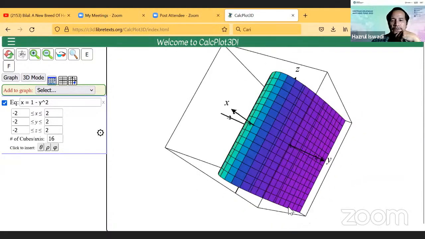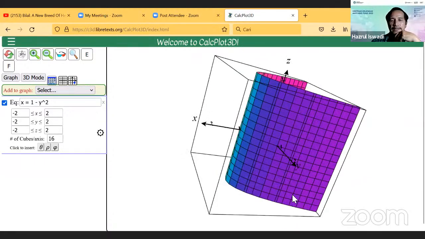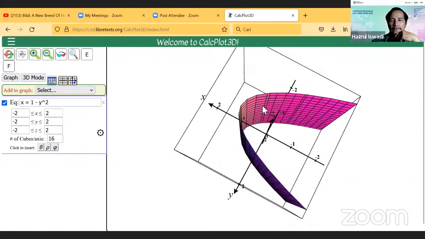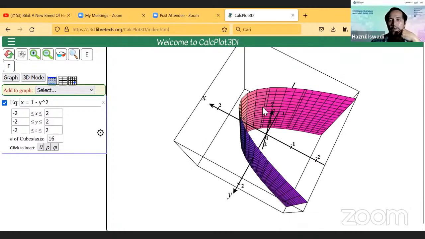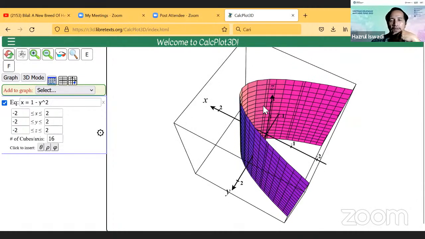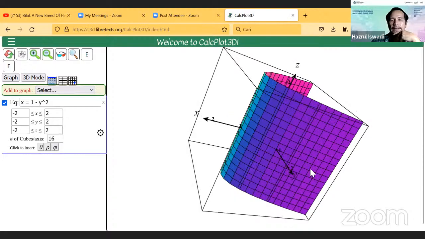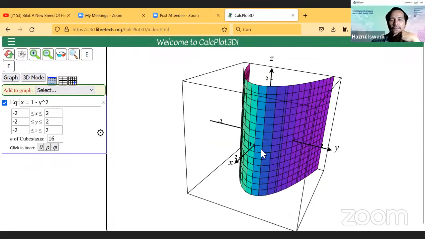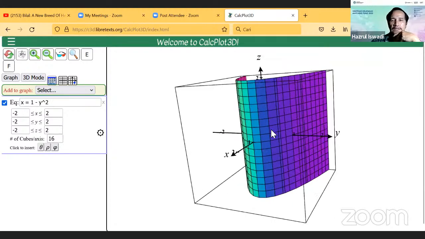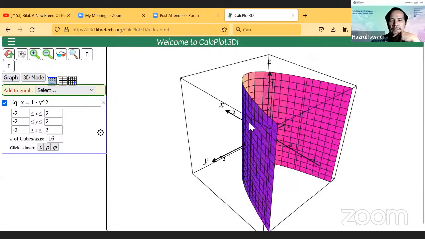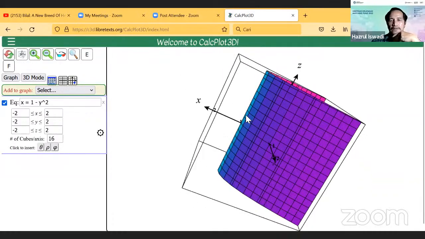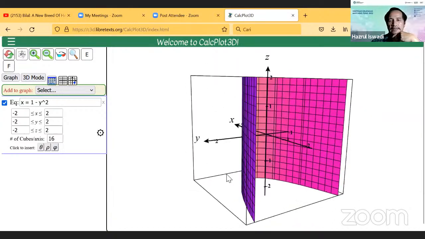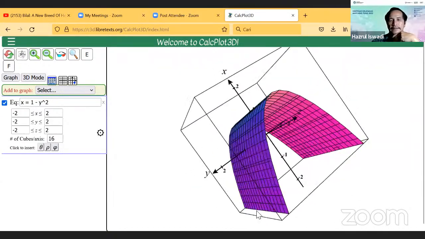So you can see that the surface has a parabola, and this parabola moves along the z axis. So this is the surface of the first exercise.